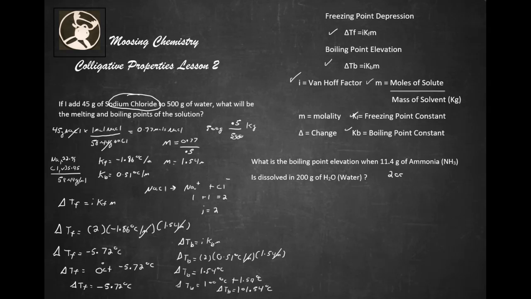So I take 200 grams of H2O, and I'm going to go 1, 2, 3. That gives me 0.2 kilograms. But now I've got to change these 11.4 grams of ammonia into moles of ammonia to get our molality, which is what we're looking for, right?